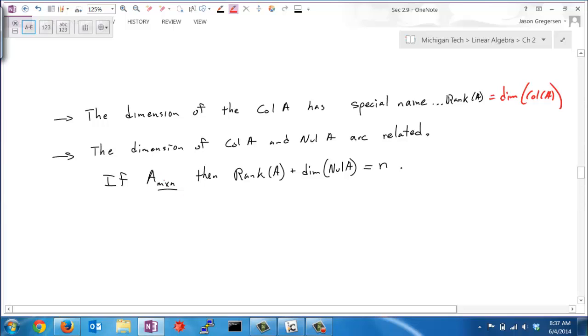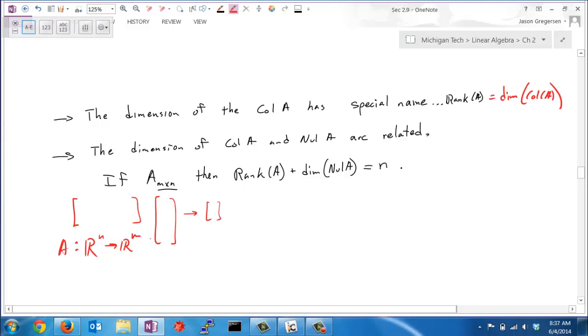Right, if A is an m by n, then it takes vectors of size n and maps them to vectors of size m. So it's a transformation. A is a mapping from R n to R m, which means the column space is a subset of Rm, and the null space is a subset of Rn.